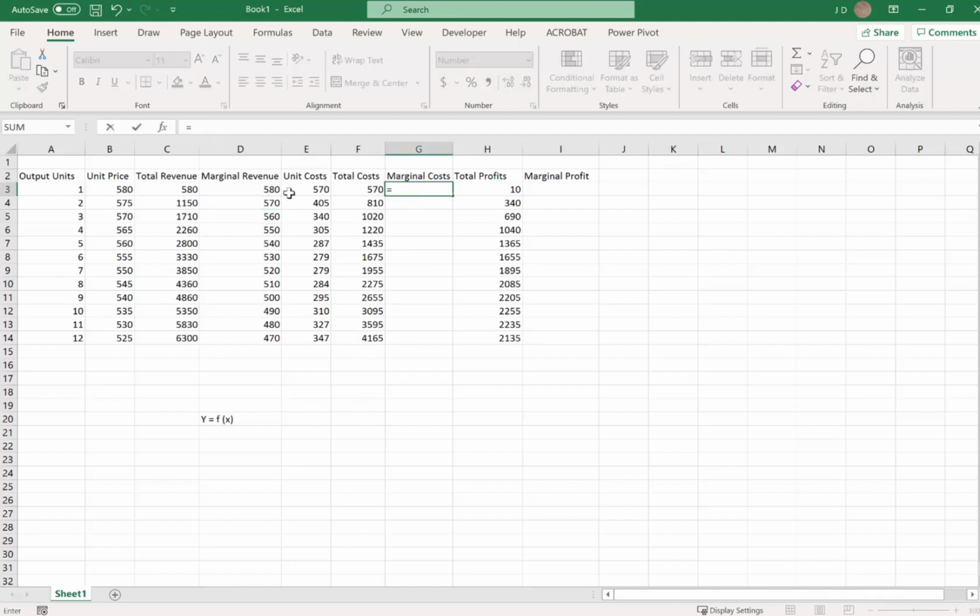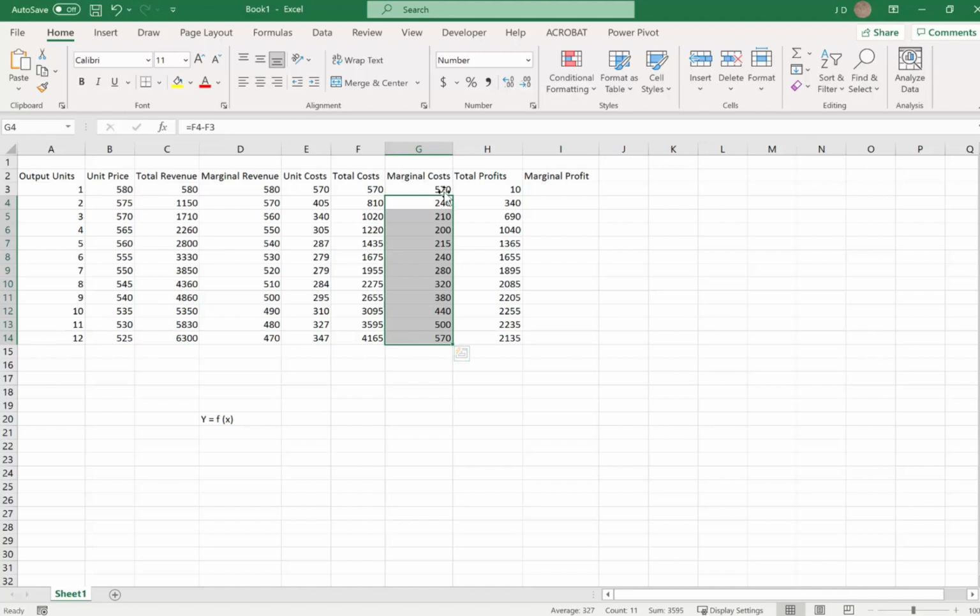So when we produce 0 versus producing 1, our cost increased by 570. And then when we produce 2 products versus producing only 1, our cost increased by this much. So copy that down. Our marginal cost is coming down, down, down. Once we got here, it's going up, up, up, up, up, up, up.